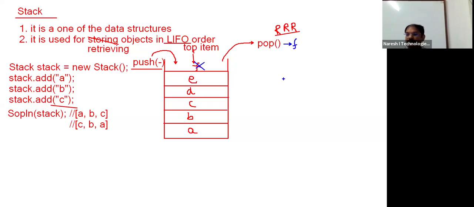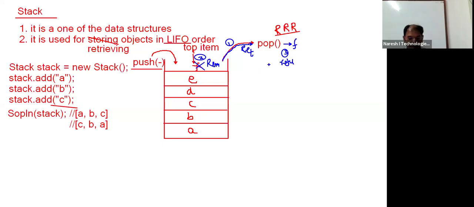First step, retrieving. Second, removing. Third, returning. So the pop method performs retrieve, remove, return operations. Is it clear?